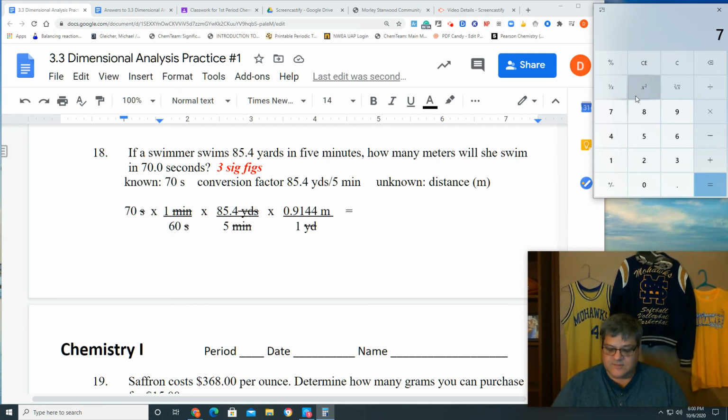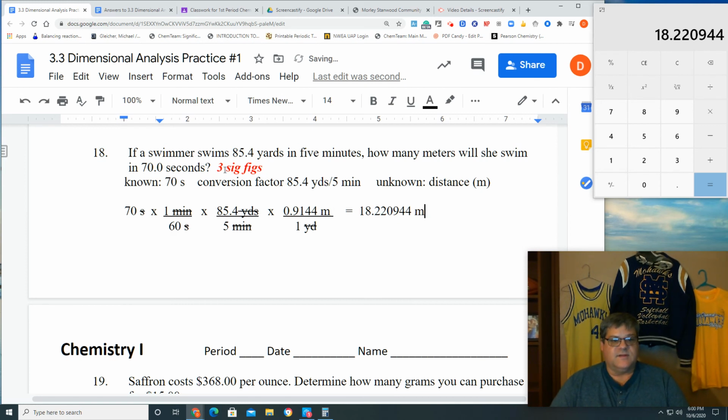We take 70 divided by 60, then multiply by 85.4, then divide by 5, and then multiply by 0.9144. I don't have to divide by that 1. Hit equal, and I end up with 18.220944, and that's going to be meters.